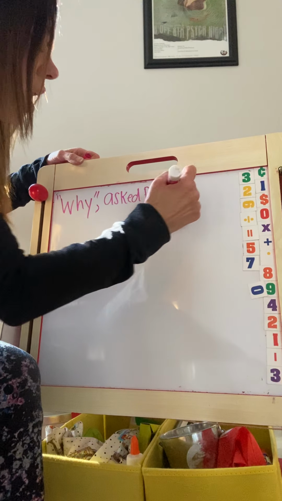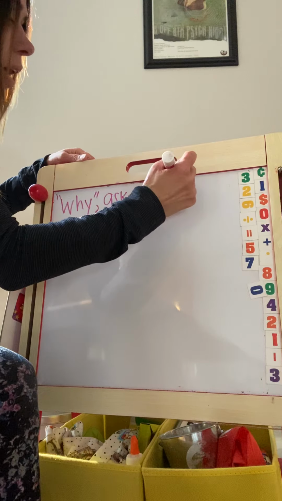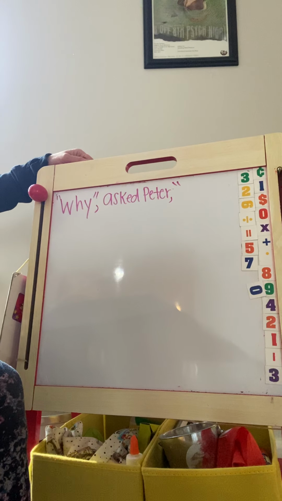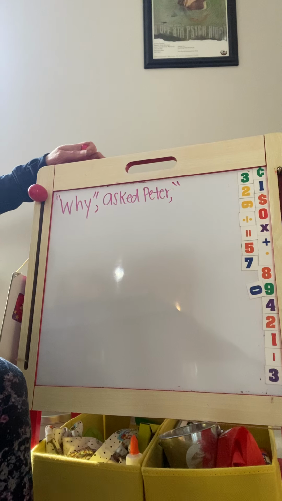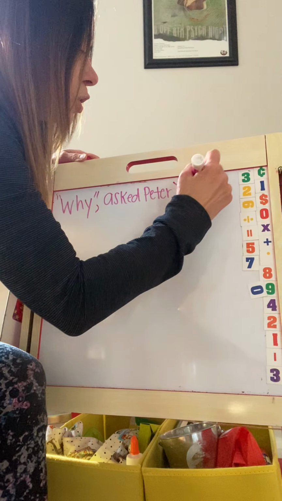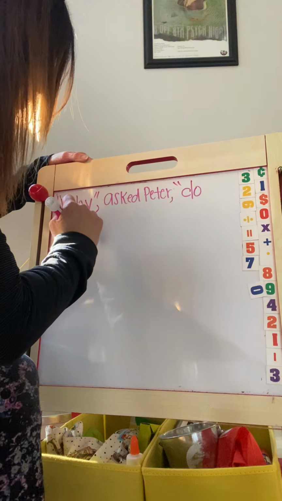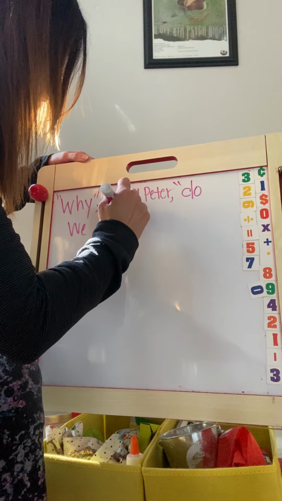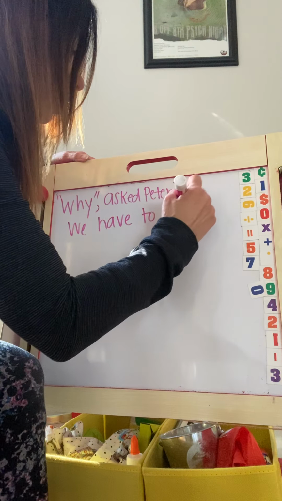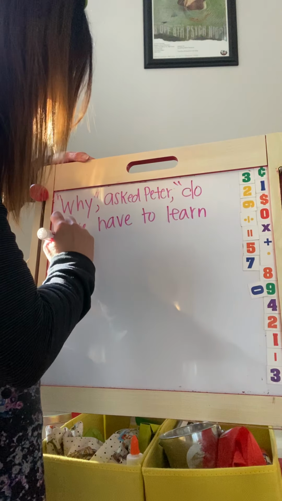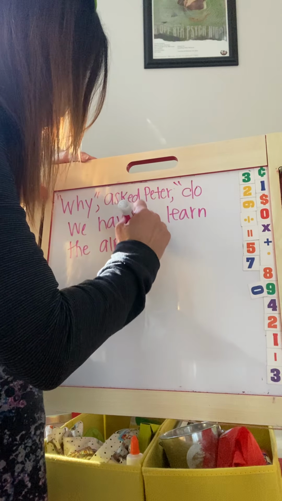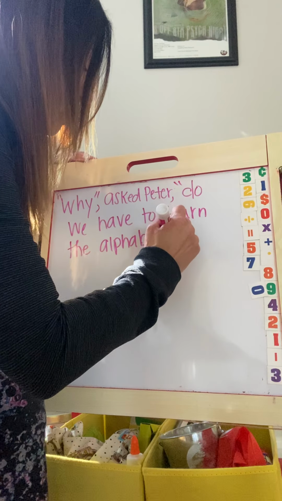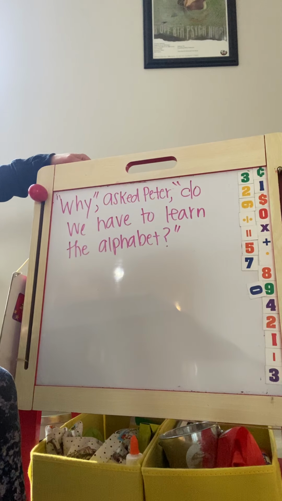Then we need a comma again, and then your quotation marks for the rest of what Peter said, which was, do we have to learn the alphabet? Okay, and then question mark, and all of that goes in quotations.